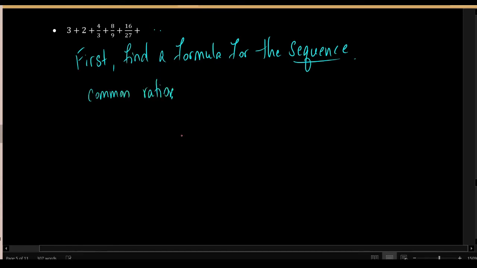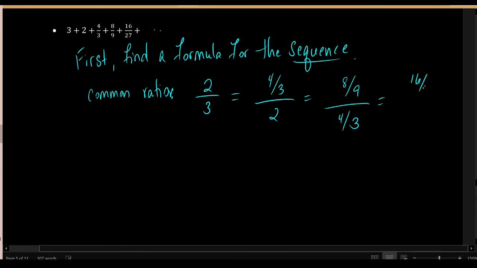If I calculate the ratio of the second term to the first term, then that's equal to 2/3. And let's just confirm that's the same thing as the ratio of the third term to the second, which is the same thing as the ratio of the fourth term to the third, which is the same as the ratio of the fifth term to the fourth. Do a little fraction arithmetic, and you can confirm that all of these ratios are equal to the same number, 2/3.